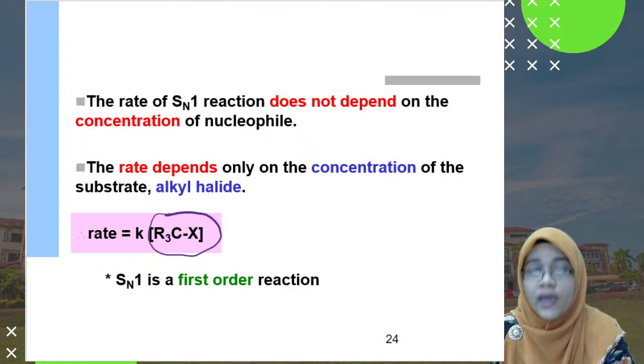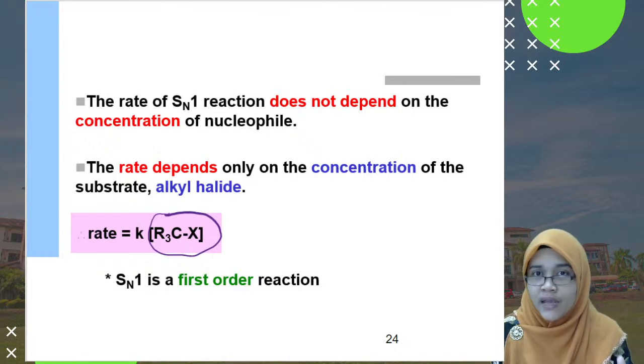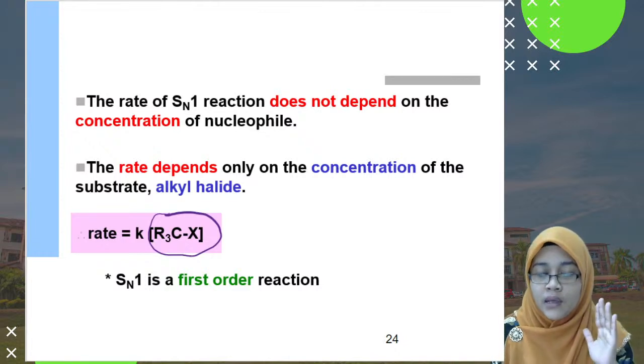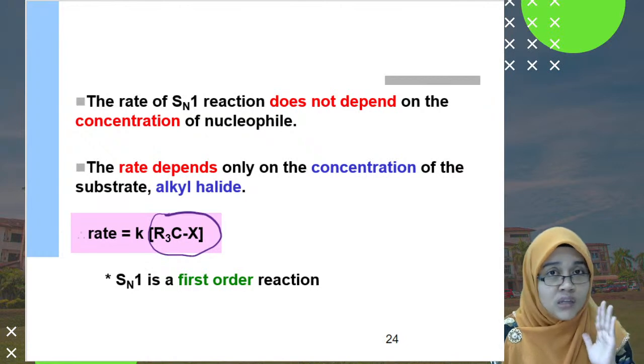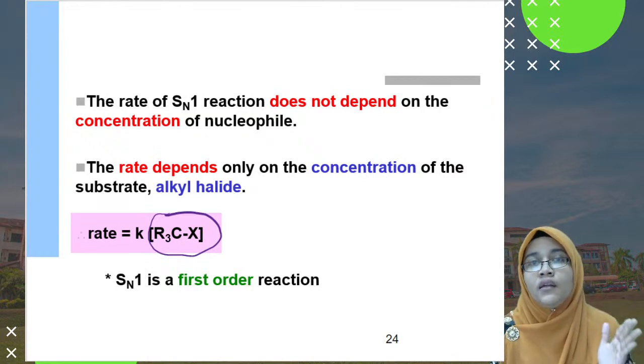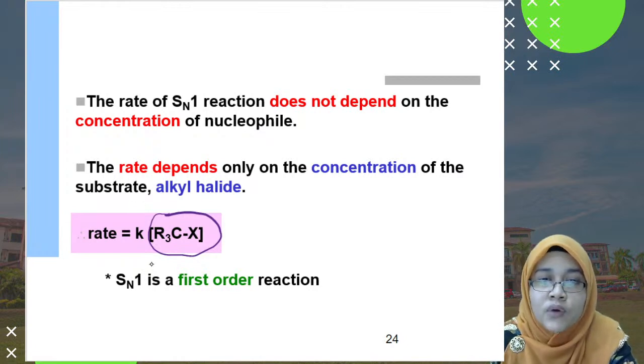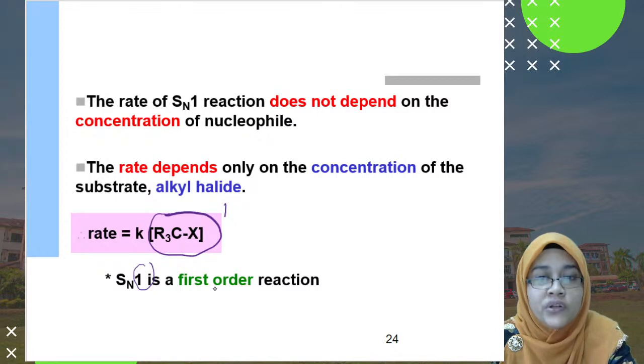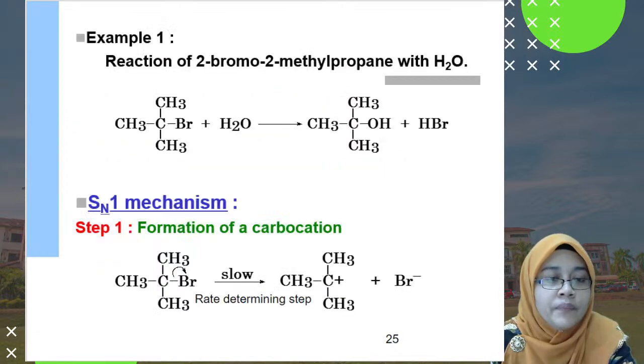If you have alcohol as your new nucleophile, it will not affect the rate of reaction, because SN1 only depends on the concentration of the haloalkane. This is first order. That's why SN1 is actually a first order reaction. It depends only on the haloalkane itself.